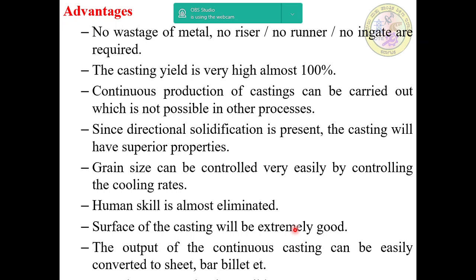Even segregation is almost eliminated, and the surface of the casting will be extremely good. The output of continuous casting can be easily converted to sheets, bars, billets, etc. Complete automation is possible in the continuous casting process.